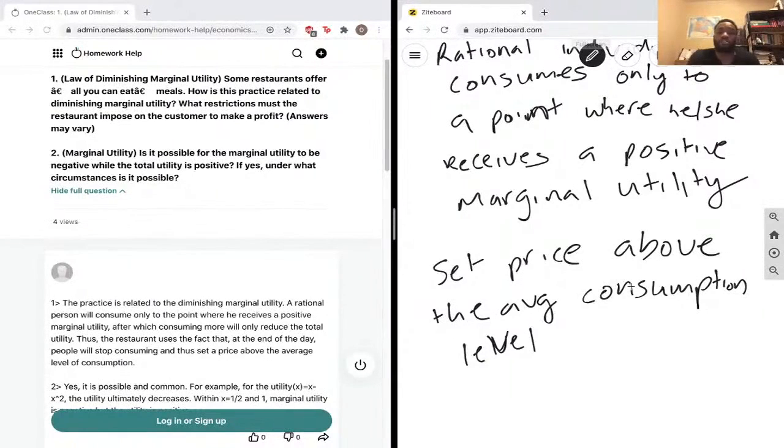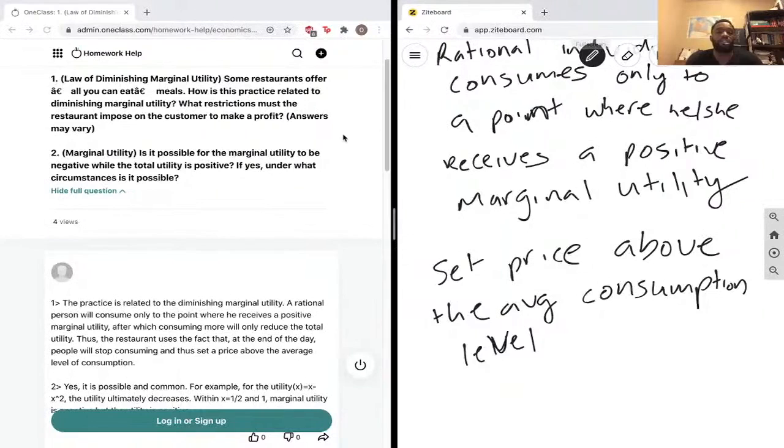That's why some restaurants offer all-you-can-eat buffets: they've done enough research to know what the average consumption level is, and they set the price for an all-you-can-eat buffet a little bit above that average consumption level, and that's where they make their profits.